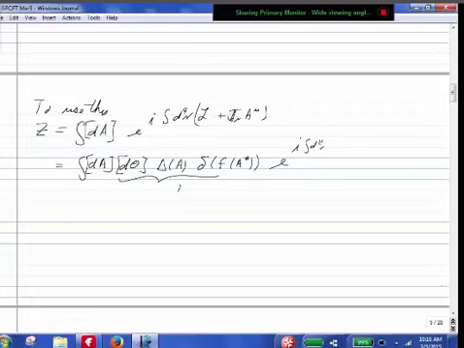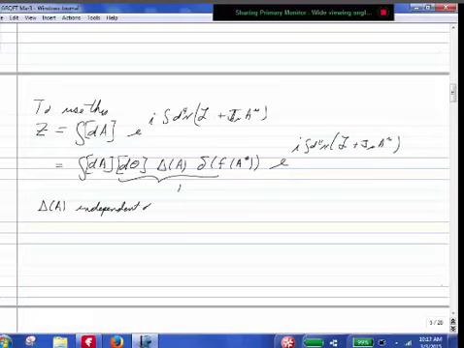We will now add this identity dA, d theta, delta of A, the constraint delta of f of A theta equals 0. And then I've just put in unity there.